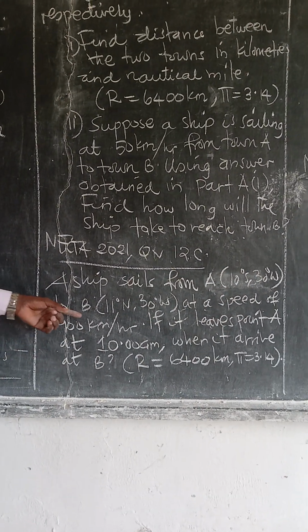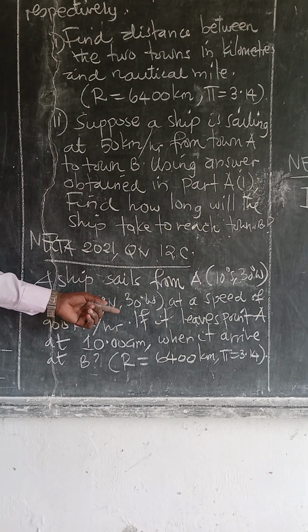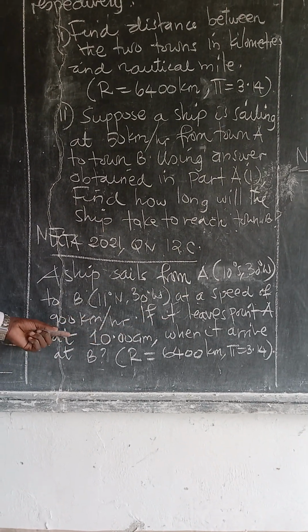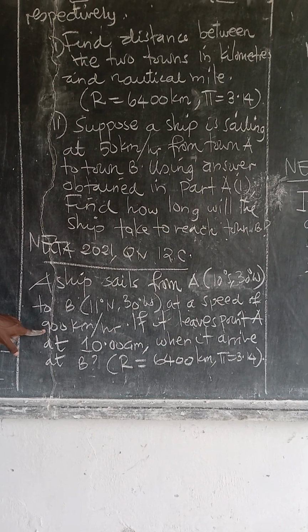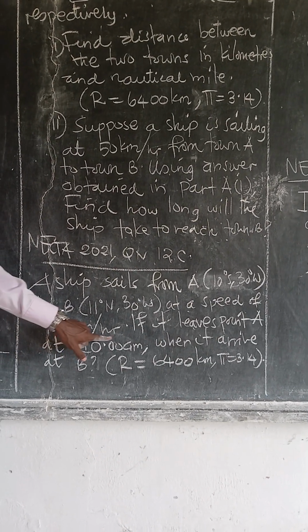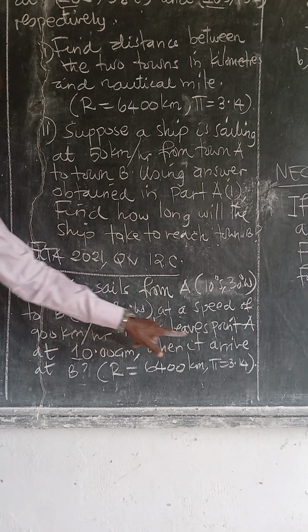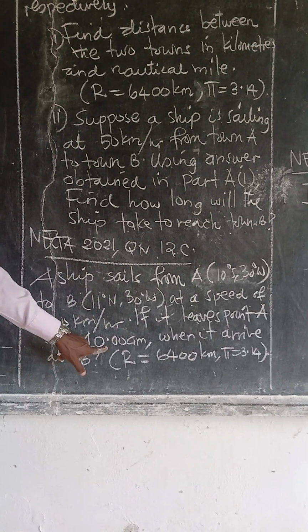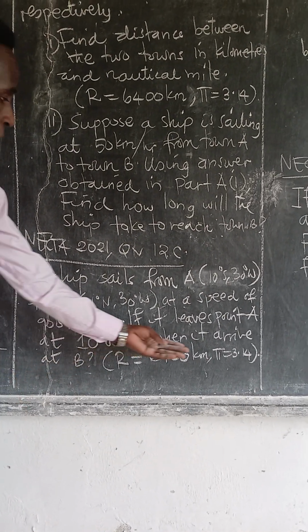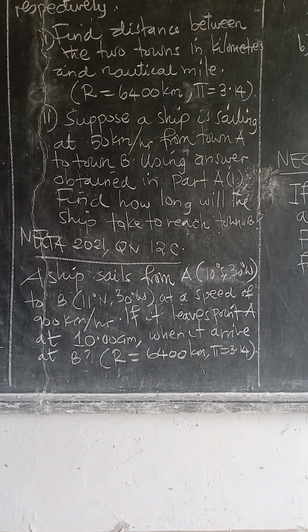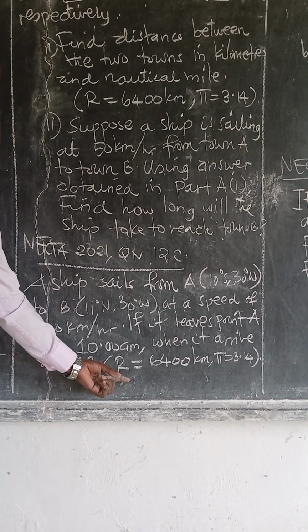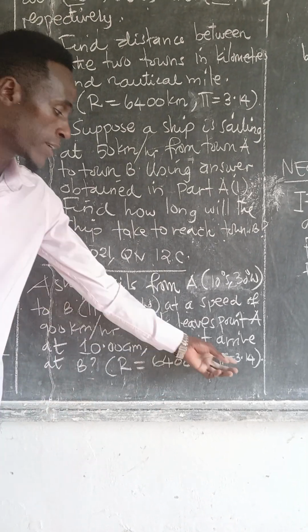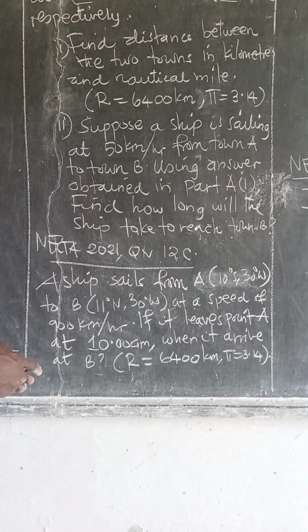Point B is 11 degrees north and 30 degrees west, at a speed of 900 km per hour. If it leaves point A at 10 o'clock AM, when it arrives at B, given the radius of the Earth is 6,400 km and pi is equal to 3.14.